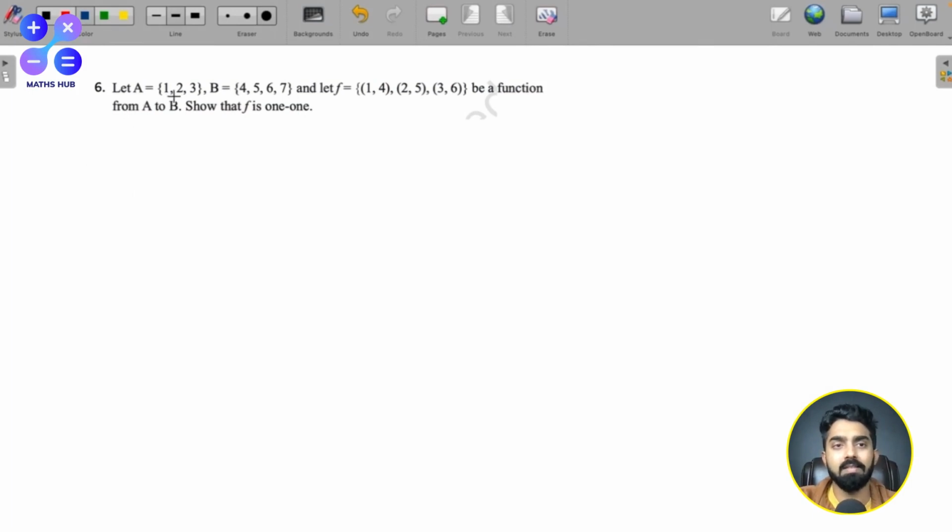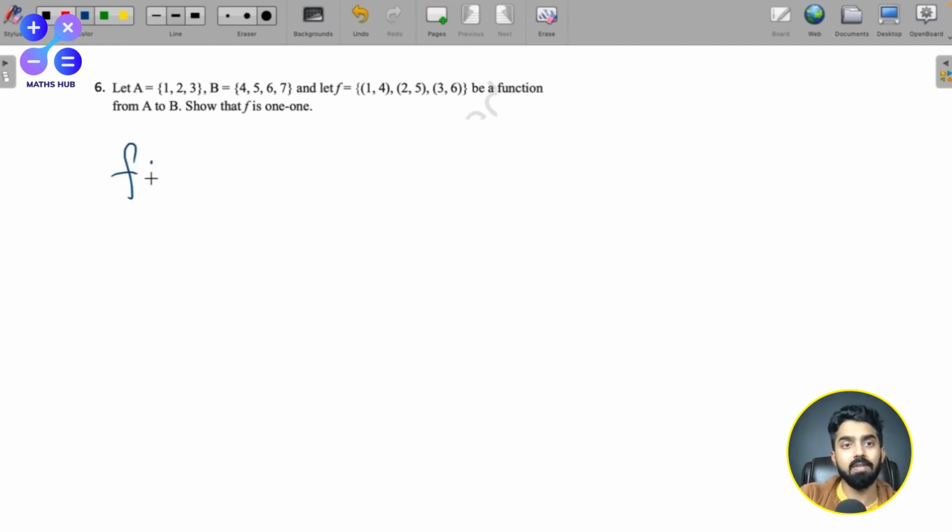Let A be a set with elements 1, 2, and 3, and B be a set with elements 4, 5, 6, and 7, and let a function f equal to {(1, 4), (2, 5), (3, 6)} be a function from A to B. Show that f is one-to-one. Okay, that's interesting. So this is where you really get to the fundamentals of what a set is, right?